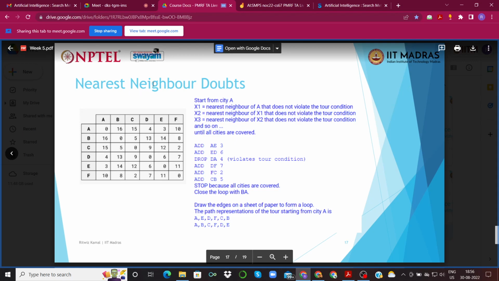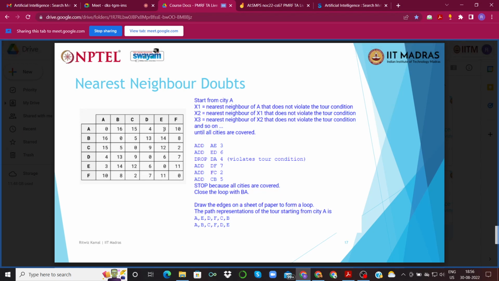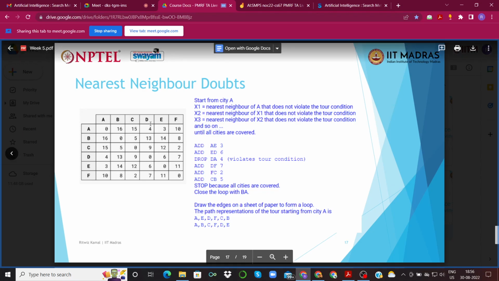So in nearest neighbor, we are considering A, starting with the first row. What is the least cost of going from A? This E, right? 3. So we add this edge AE.